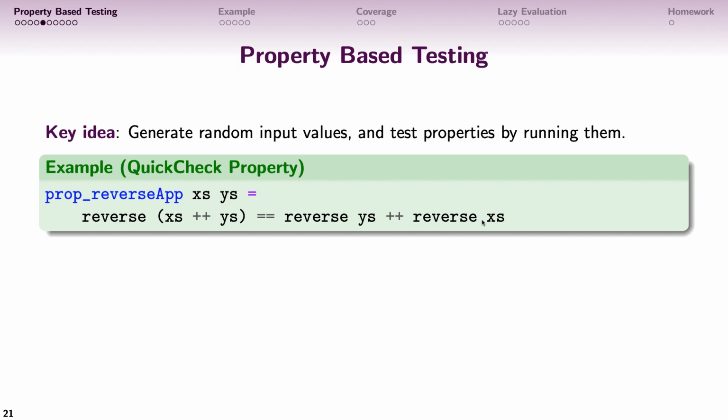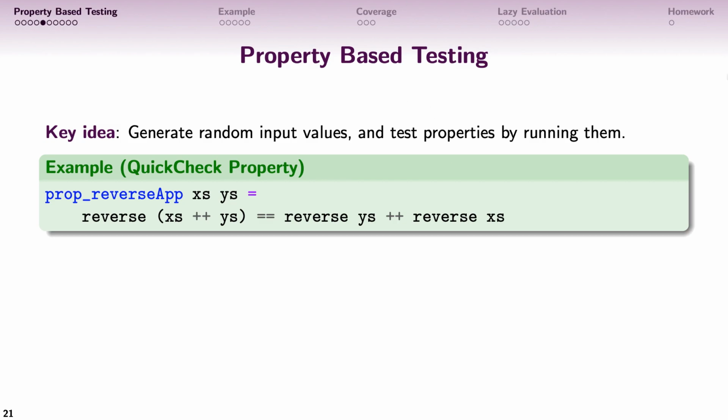And this is a true property of any two lists, and the function reverse. And it will just generate a bunch of random input values and test the property by running that function. And if the function returns true for all of the random input values it generated, we consider the function to have passed the tests. So I'm going to demonstrate this now, just briefly.